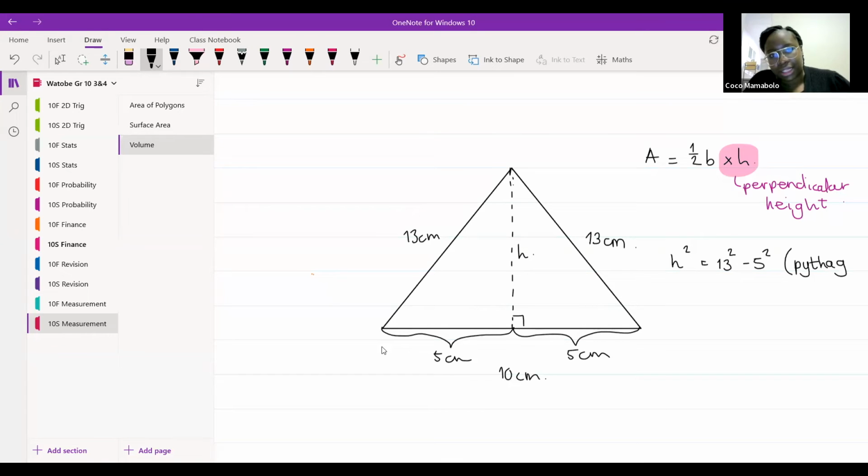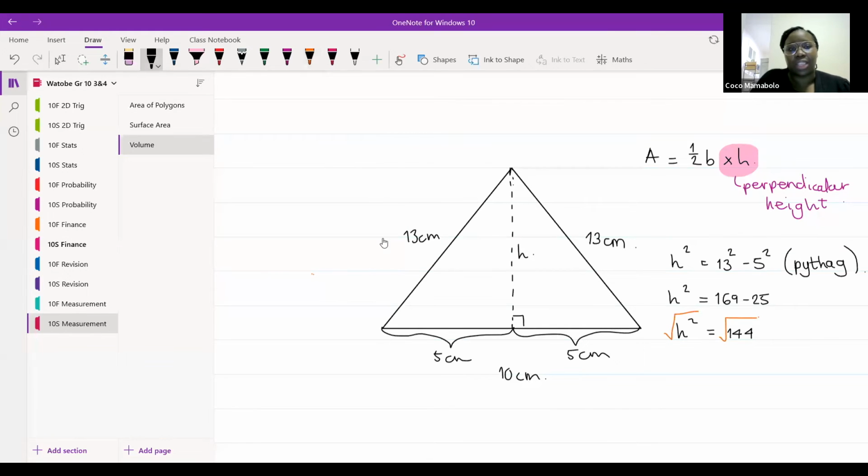Remember statement and reason from geometry, we must write Pythagoras over there. So now our H squared is going to be 169 minus 25. So our H squared is 144. But now I don't want H squared, I want H. So I'm going to square root both sides.